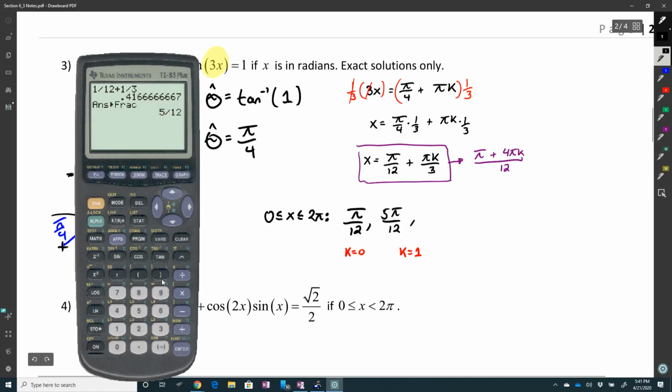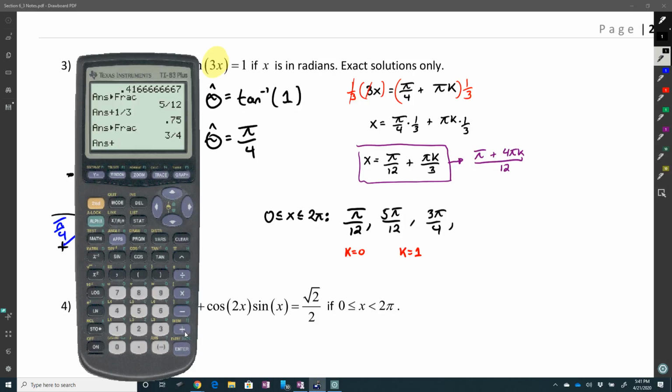Okay, and then again, I get that answer plus 1/3, because all we're doing is adding pi over 3 every time. 3 pi over 4 plus 1/3. 13 pi over 12 plus 1/3. 17 pi over 12.